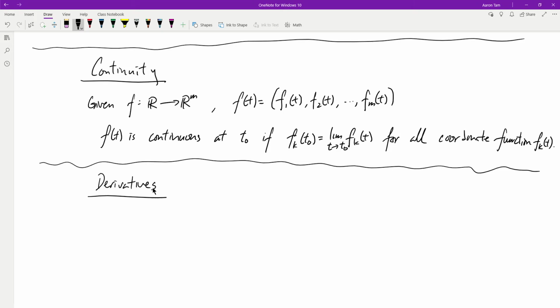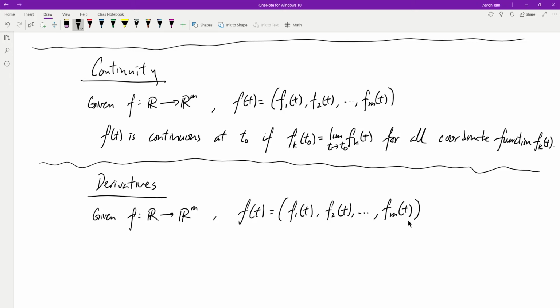So what would be the derivative when you take a vector valued function, single variable, and find the derivative? Well, I shall show you. So let's say given a function f that maps from R to Rm. And once again, the function f is f of t equal to f1 of t, f2 of t, to f sub m of t.